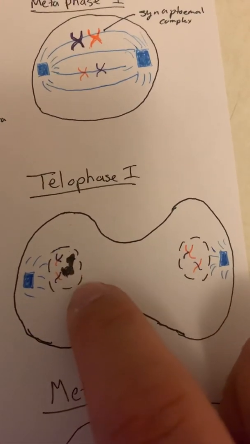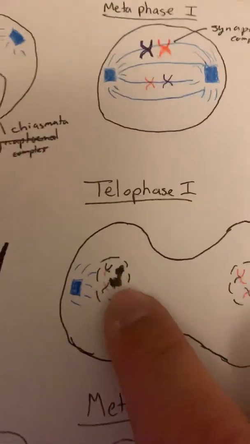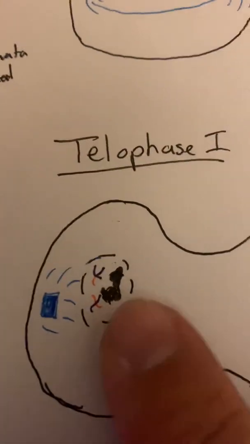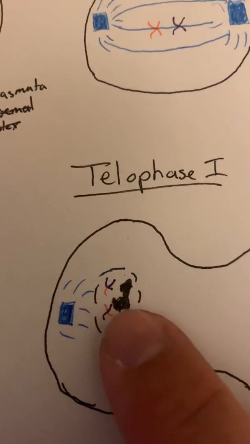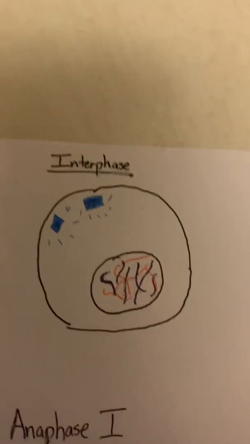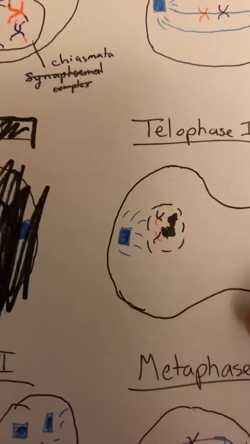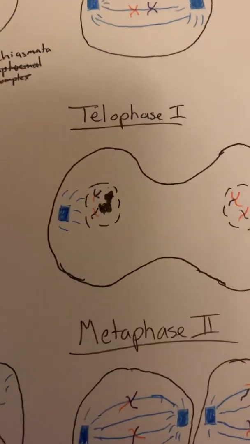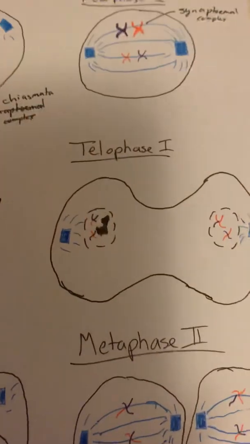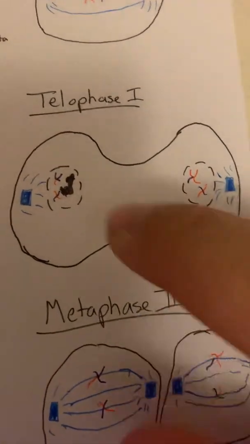You can start seeing the nuclear envelope develop once again, and I can zoom in a little bit. You can see that these chromosomes are already different from the very beginning over here, and that's due to the crossing over. It's not going to be the same, unlike mitosis, where they would all be the same throughout the entire cycle.